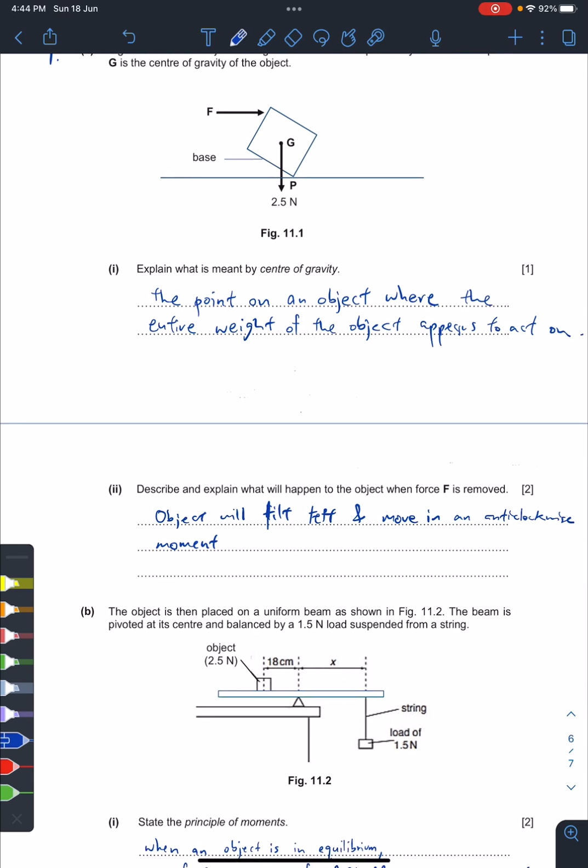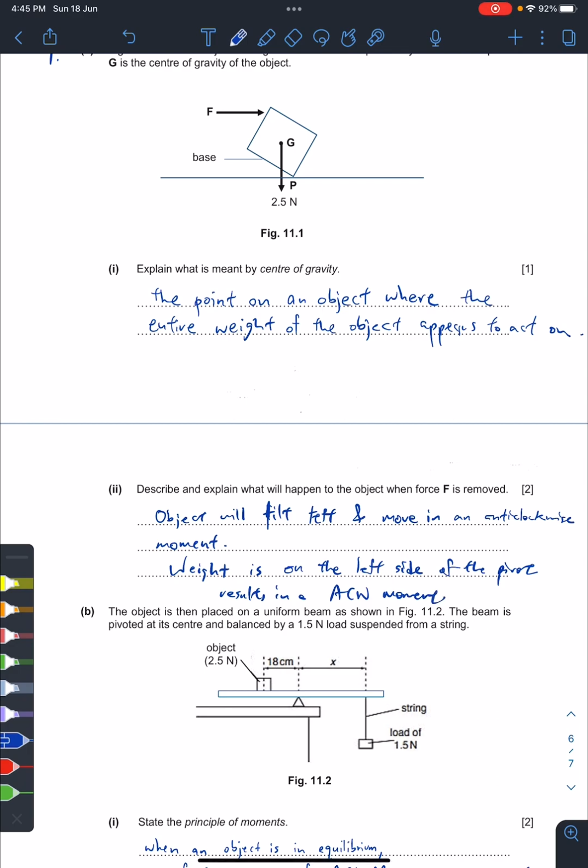Why is that so? Because of the weight. Your weight is on the left hand side. It's essentially the left hand side of the pivot. Essentially, so it results in an anti-clockwise movement.